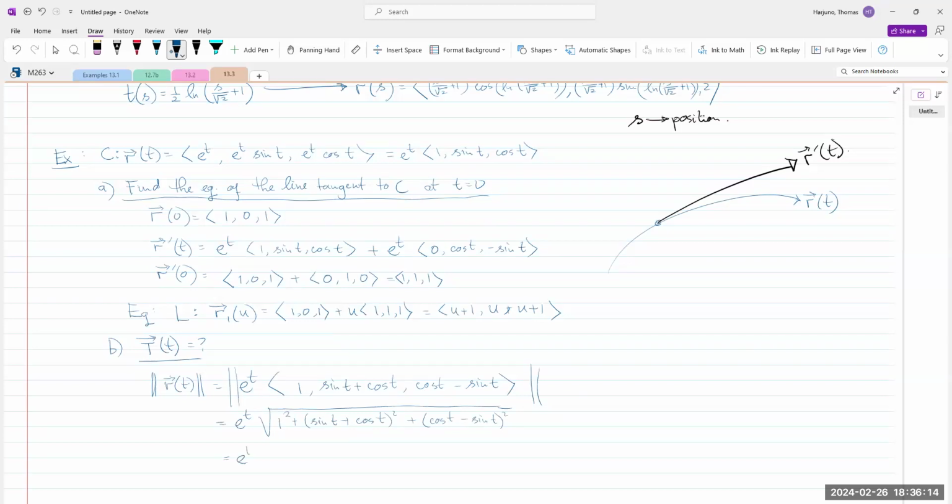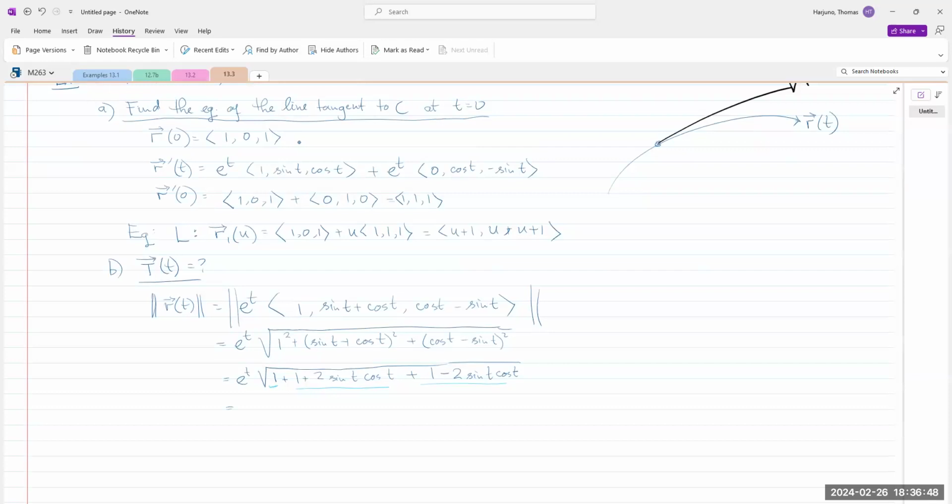That gives us e to the t square root of 1 plus 2 sine t cosine t, that's for the second term. This is the first term, the second term, and the third term. Because cosine squared plus sine squared equals 1, right? You are in Cal 3, I assume you are able to do that. And that gives us square root of 3 e to the t.